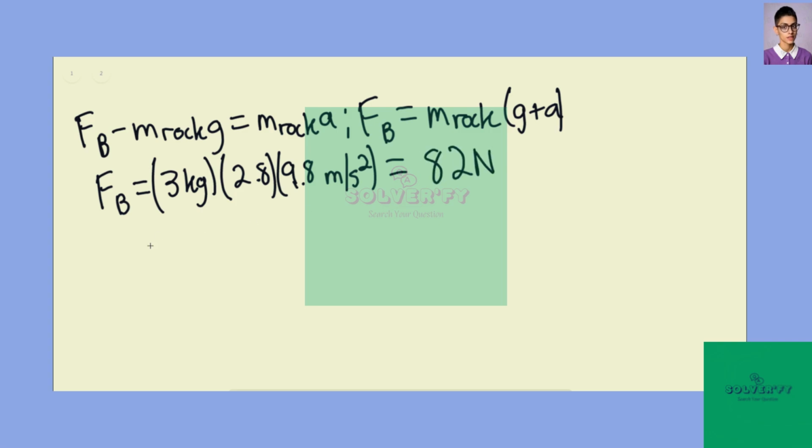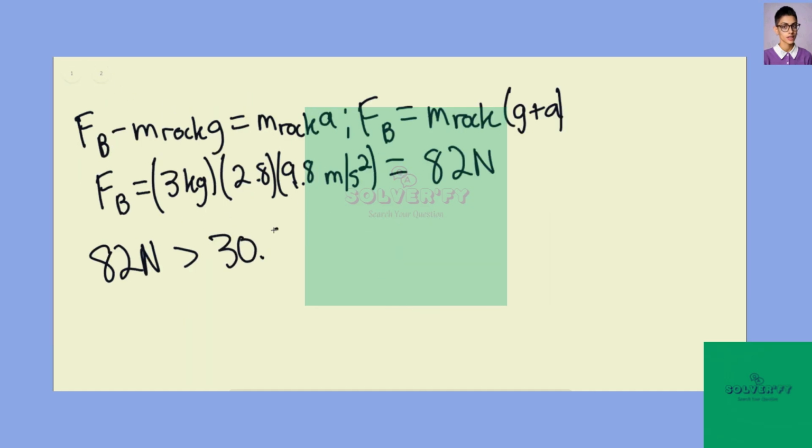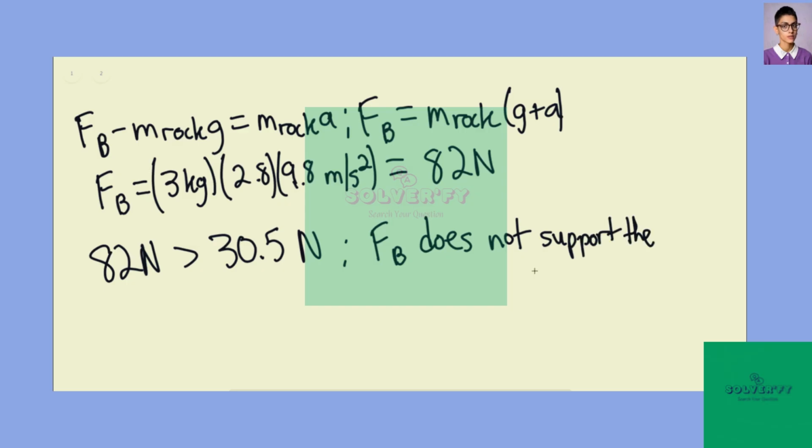Now, because this 82 newtons is going to be greater than what we've just found, 30.5 newtons, that means that FB, the buoyant force, does not support the weight of the rock. The rock will sink.